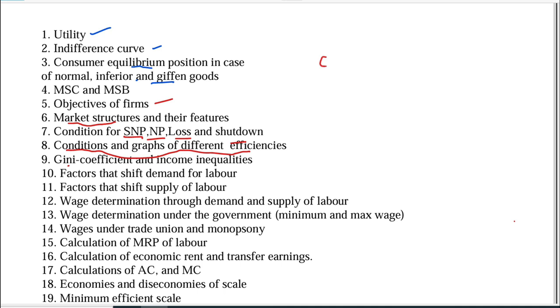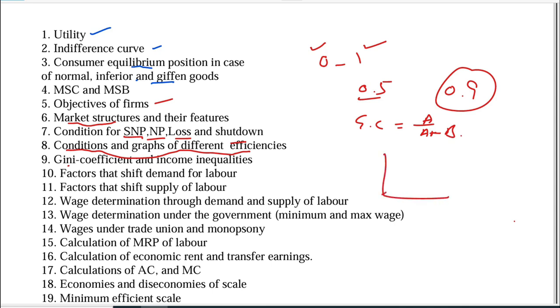The Gini coefficient ranges from 0 to 1, and when there are more inequalities, we will be near to 1, and when there are fewer inequalities, we will be near to 0. Right? So for example, if the examiner gives the values 0.5 and 0.9, then 0.9 shows more inequality. Right? You must know that. And the Gini coefficient is calculated using a formula: Gini coefficient is equal to area A over A plus B.